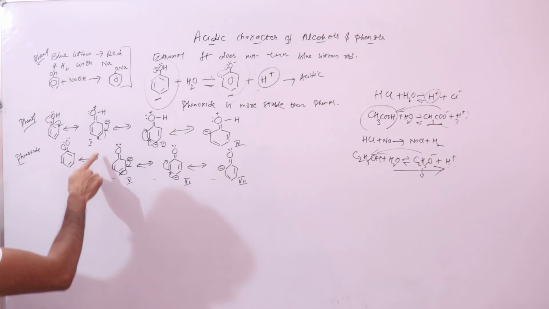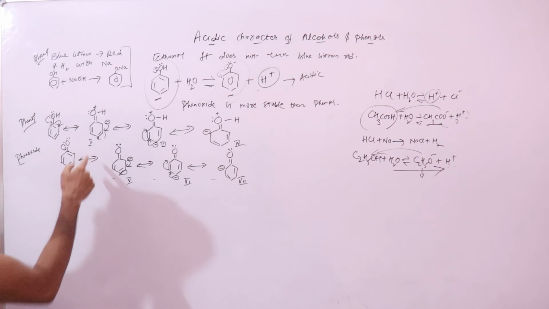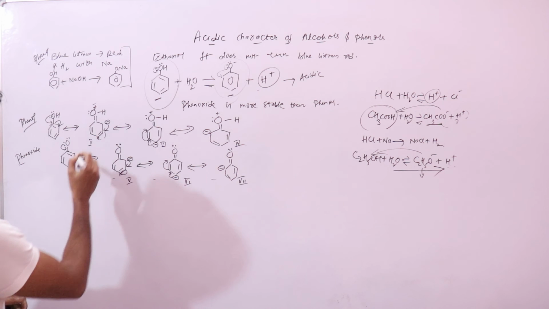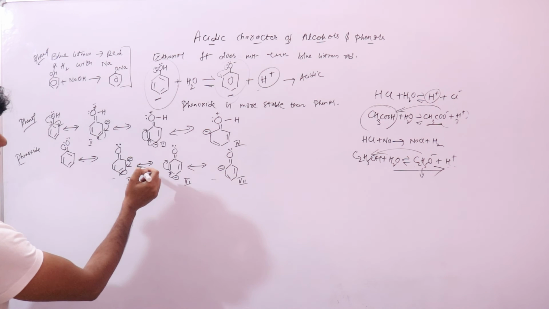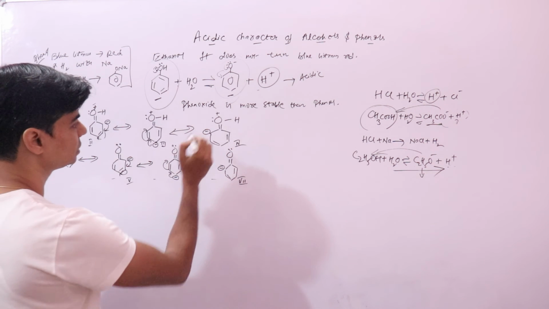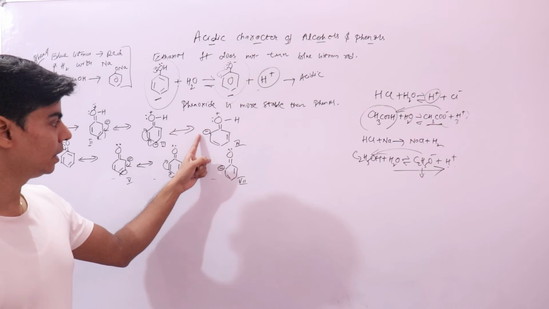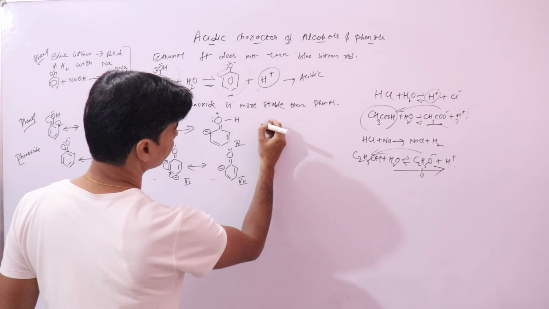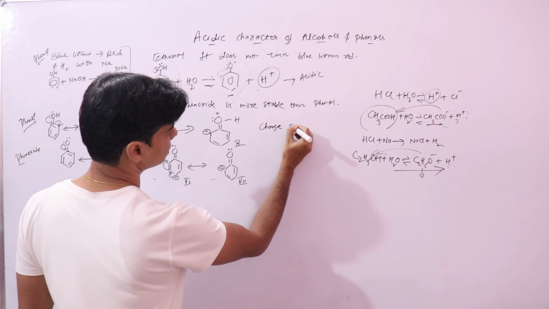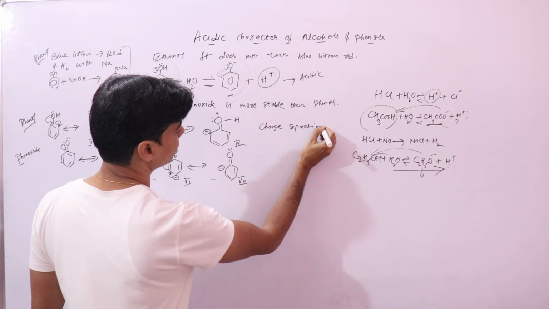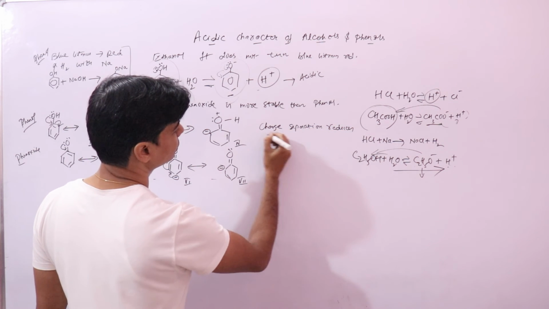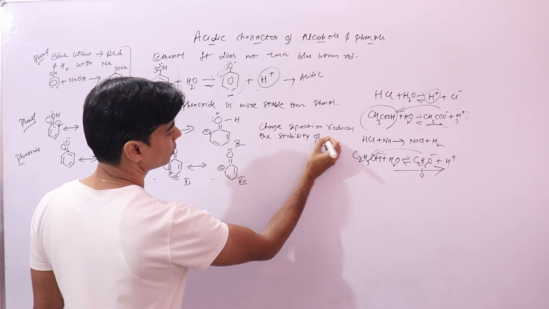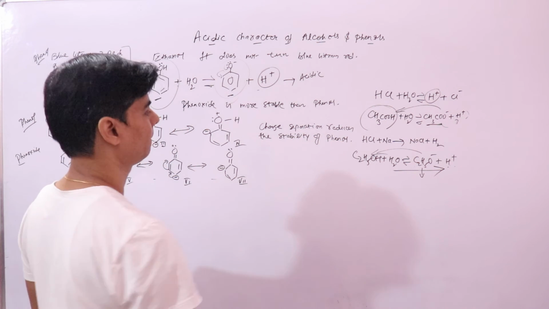So let's write it like this, that the resonance forms of phenol second to fourth have charge separation. This is your positive charge, this is your negative charge, this is your positive charge, now negative charge has come here, this is your positive charge, now negative charge has come here, right. So you have charge separation here that reduces the stability of phenol. Basically charge separation reduces the stability of phenol.